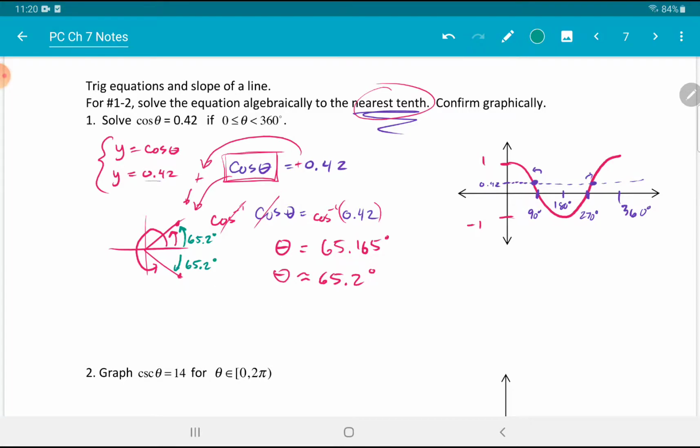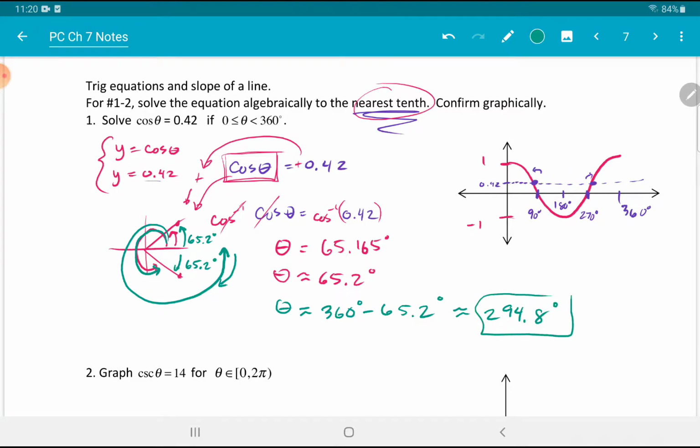So in turn, to find our true angle, we can take a full circle and subtract that 65.2 degrees. So we can see that theta is about equal to 360 degrees, a full circle, take away the reference angle of 65.2 degrees, and that'll give us about 294.8 degrees.